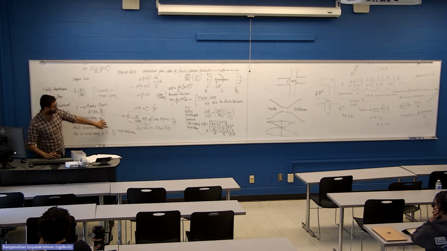The average height of those features is what we call epsilon.